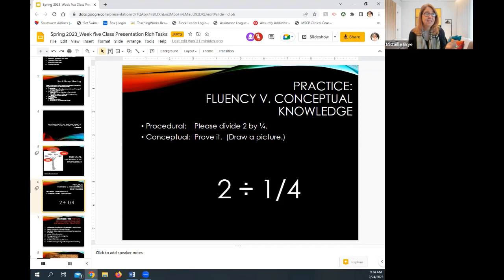So when we're planning lessons, we need to think about some students might solve this right away with an algorithm, and that's fine. But others might need to draw pictures. Others might still need tangible objects that they could manipulate. And that's what we talk about when we say, what are entry points so all students can be successful in a problem?